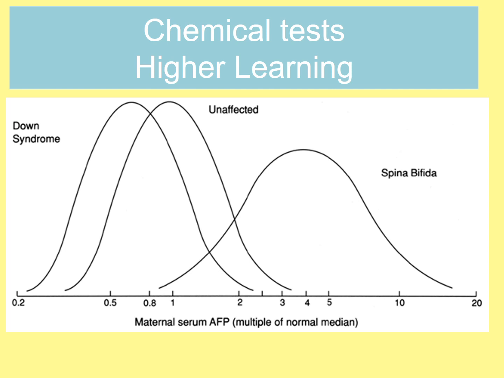The level in the mother's blood decreases sharply soon after the baby is born. Low levels of AFP, lower than 0.4, are found in cases of Down syndrome fetuses.